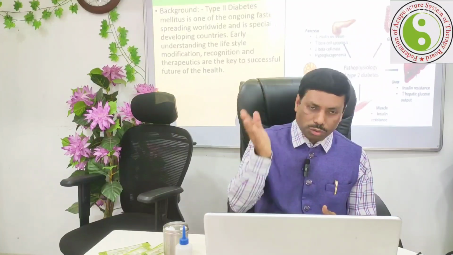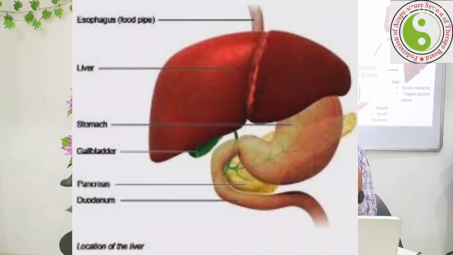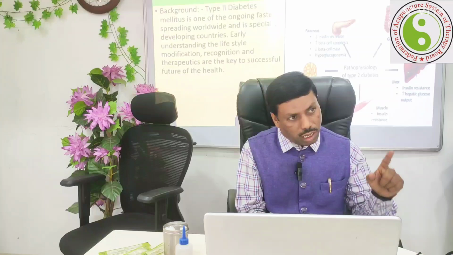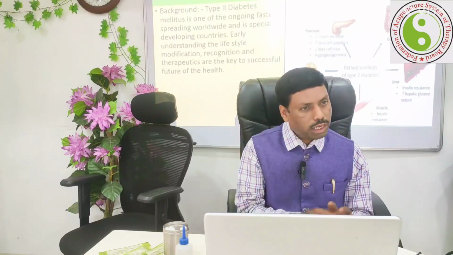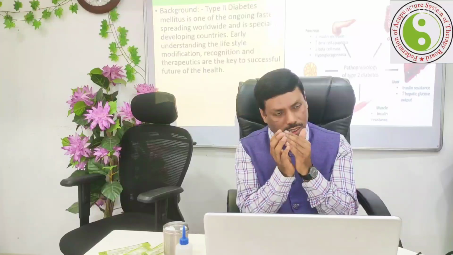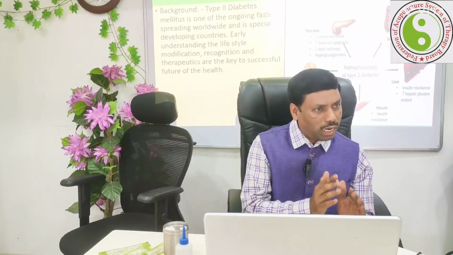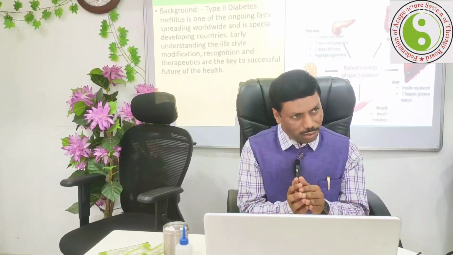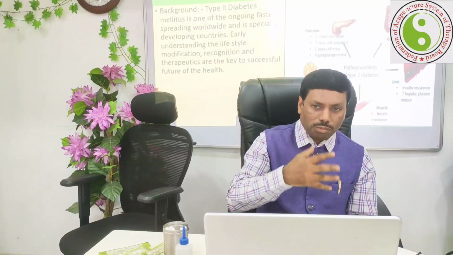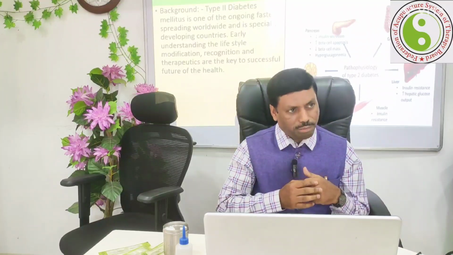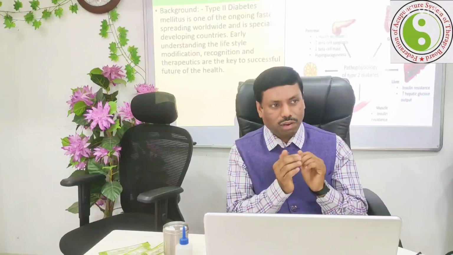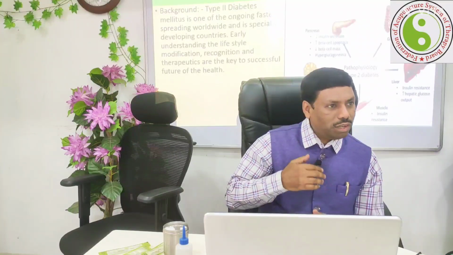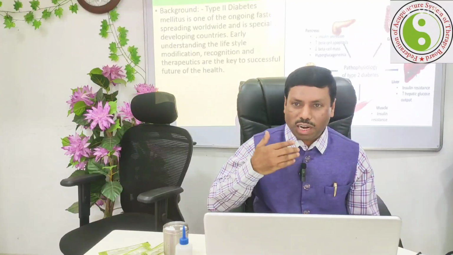Later that passes on to the liver system. The liver will store the energy in the form of glycogen, not as glucose. Fat is stored in the adipose tissues, and proteins and amino acids are stored in the liver. Then whenever it is required, that time it provides energy.